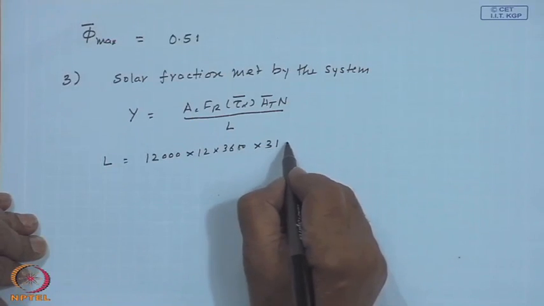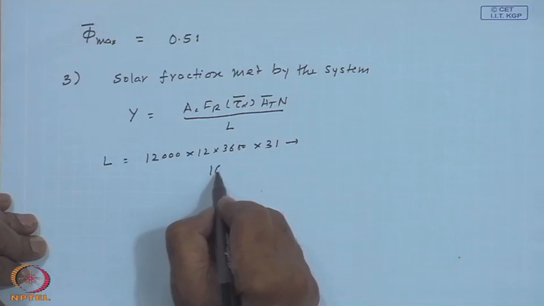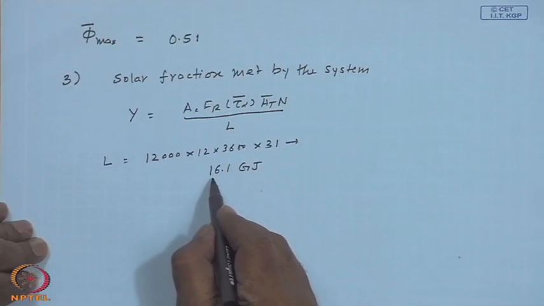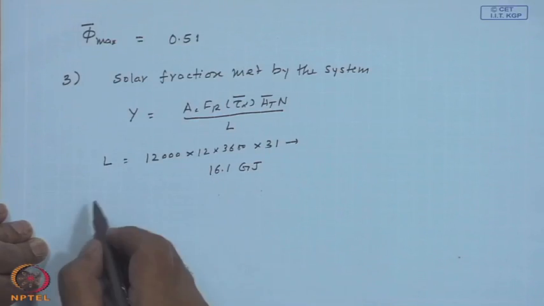Actually, this comes out to be 16.1 gigajoules. If you divide this by 10 to the power 9, you will have 16.1 gigajoules.